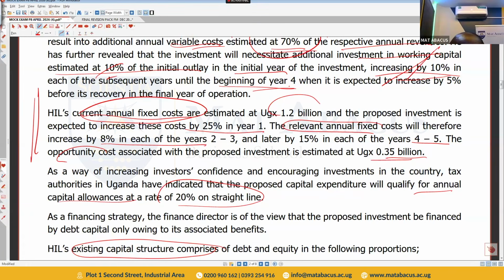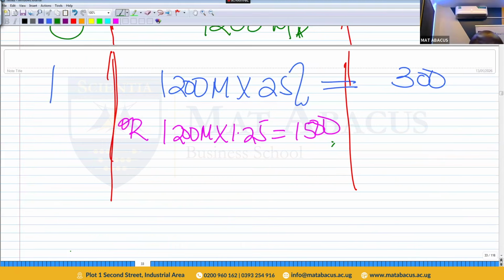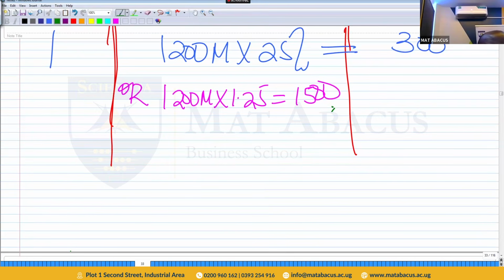The question says the relevant annual fixed costs will therefore increase by 8% in each of the years 2 and 3. So in year 2 and in year 3, we are increasing by 8%.